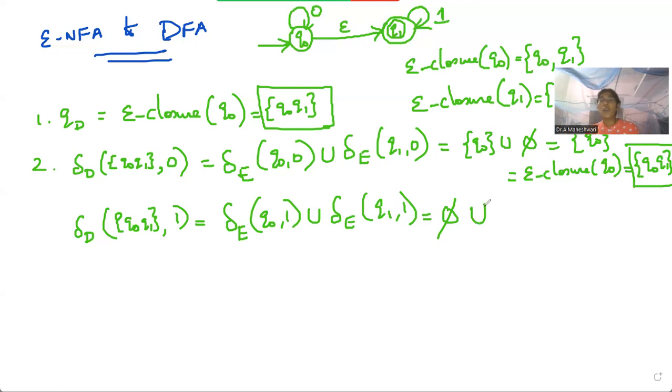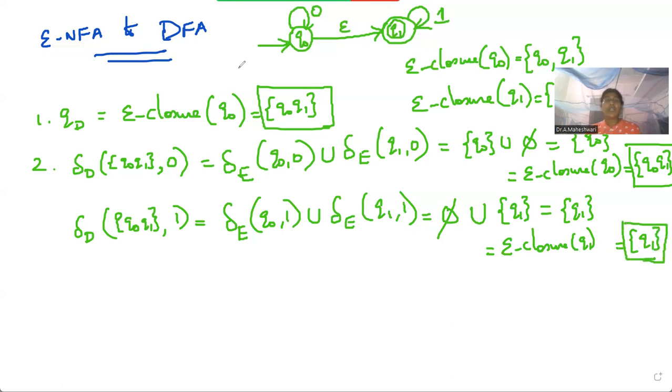And Q1 comma 1 has a value, Q1. So the output is Q1. Apply E closure of Q1, which is equal to Q1. We completed the zeros and ones transition mapping for the initial state. Q0, Q1 is already completed. Q1 is a new state that I have to calculate the transition mapping for.